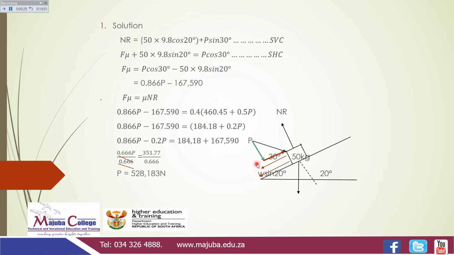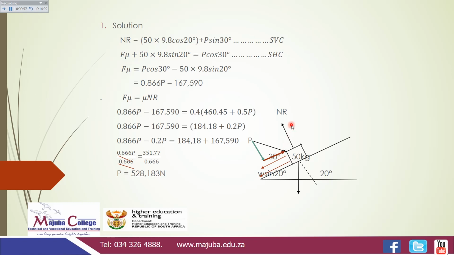And again, you'll have your frictional force, which is your Fu, and you'll have the constructed forces that will form a triangle. So to get the magnitude of this force, again, we are going to use the trig ratios. So this force will be P sine 30, and this one will be P cos 30.